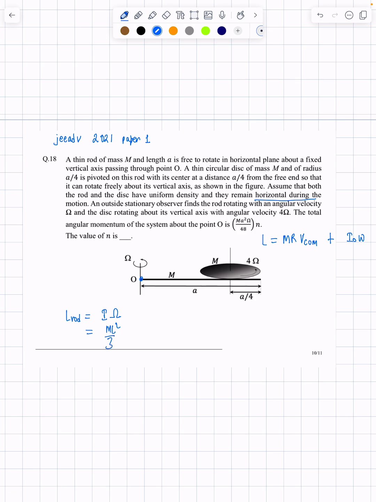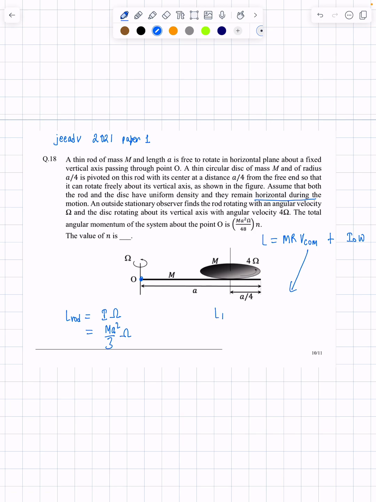Basically, ml square over 12 is about the axis passing through the center, and then using the parallel axis theorem, you can find it's ml square over 3 times omega. Actually the length is a, so let me change that: ma square over 3 times omega. Then for the disk, we can use this formula.